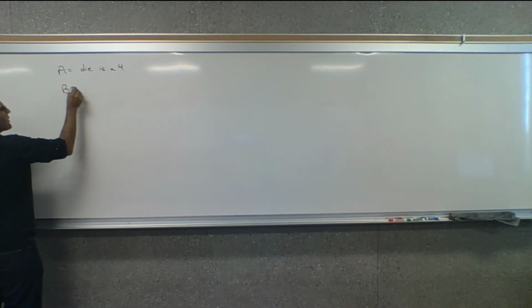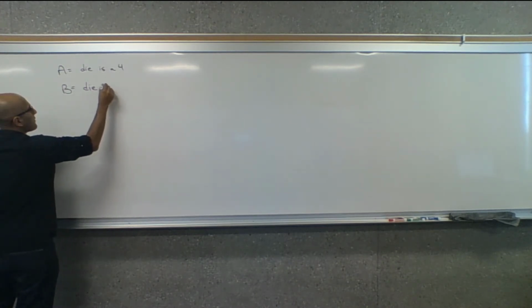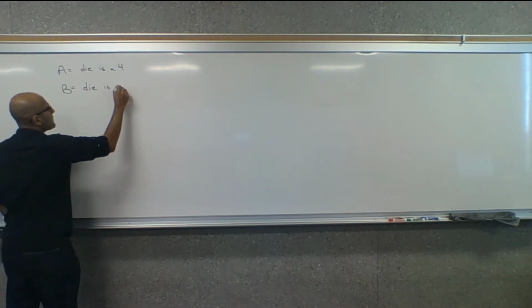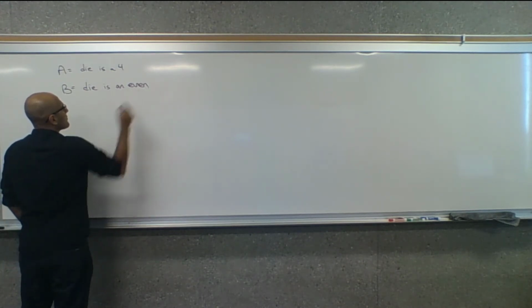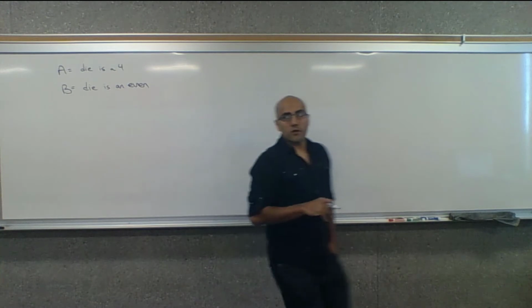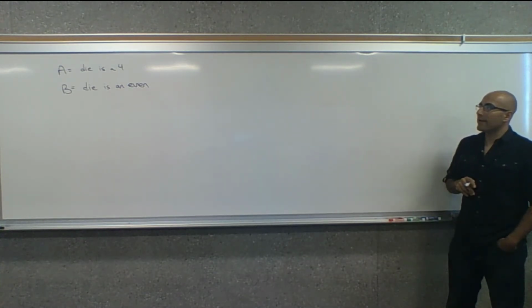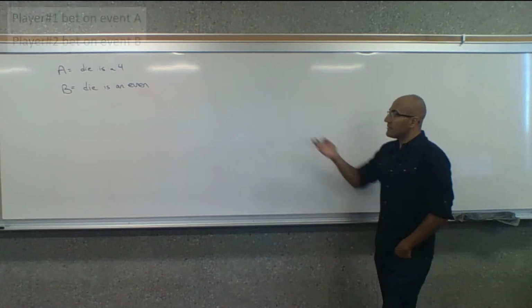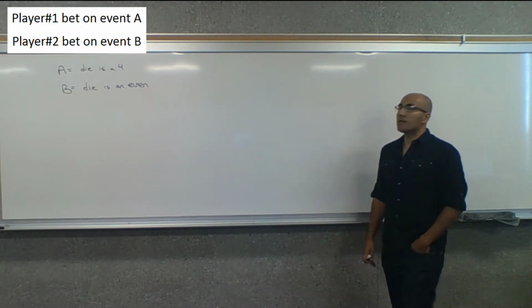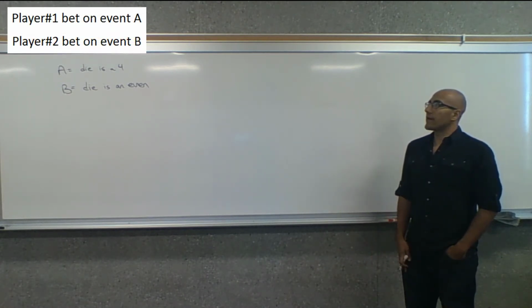And event B, we're going to say that the die is an even number. Okay, good. So player 1 bets some money on A. Player 2 bets some money that it's going to be even. So let's look at a couple of situations.